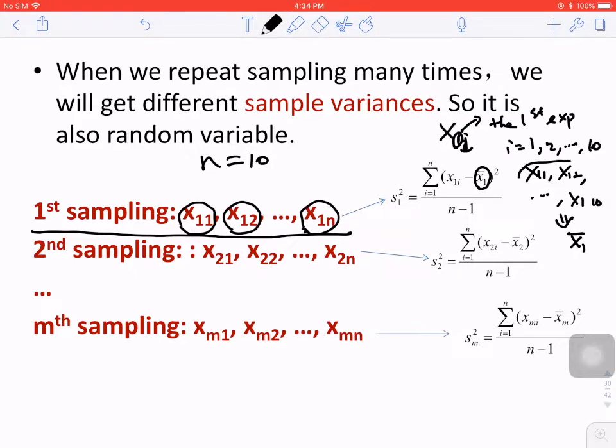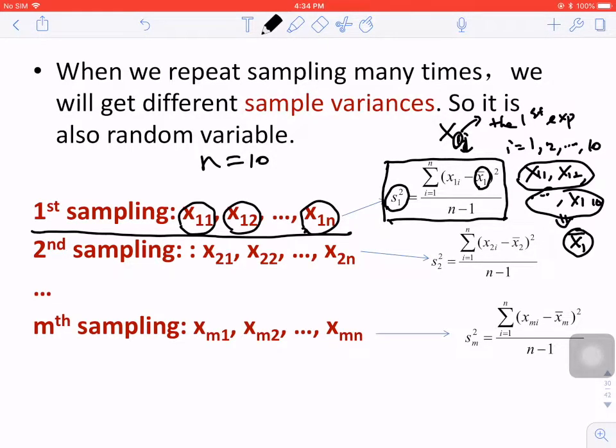Using those x1i's and this x1 bar, and we know this n, you can have the sample variance, which is S1 square of the first sampling.